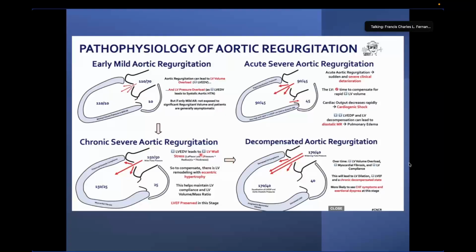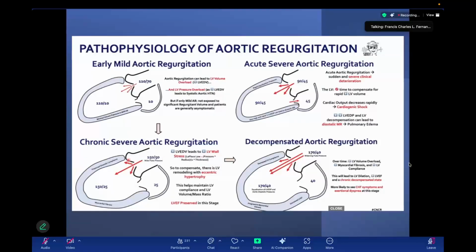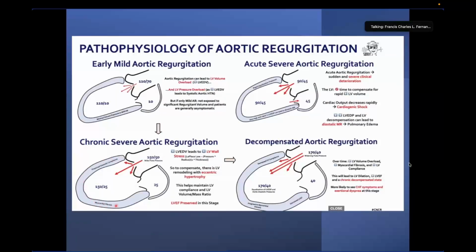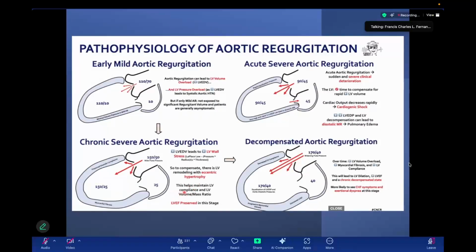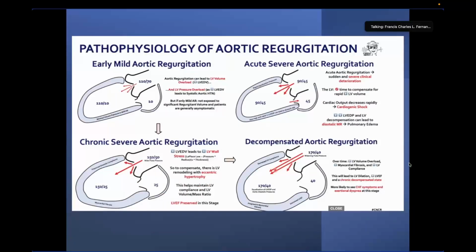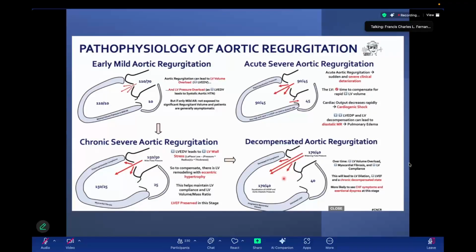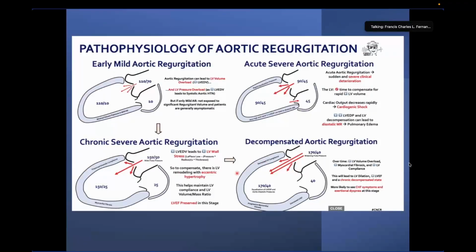So the LV wall stress, so the Laplace, is the primary driving mechanism for volume. Yan. So there's eccentric hypertrophy, and to maintain the compliance with the volume mass ratio. And EF at this point is preserved. However, here it might lower because of the compensation to and from.